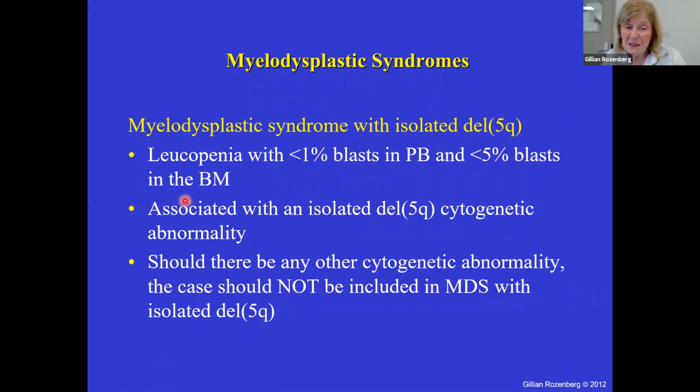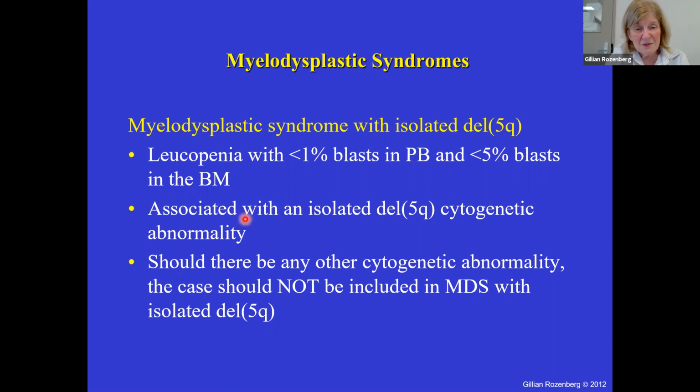They have a leukopenia with less than 1% blast in the peripheral blood and less than 5% blast in the bone marrow. So you see, we've now got in the middle of these groups a case of myelodysplastic syndrome with isolated deletion 5q with a lower blast count.